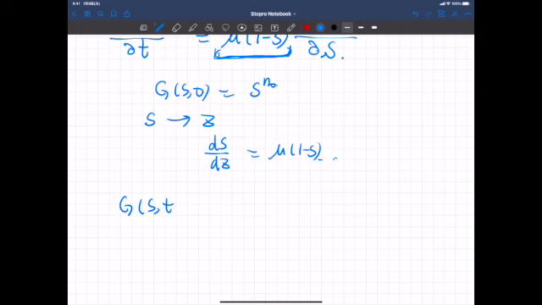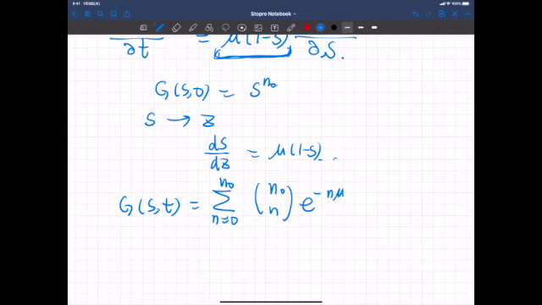G(s, t) equals, let's see, okay, this is the final result: the sum from n = 0 to n0 of n0 choose n, exponential of minus mu t to the power of n, times 1 minus exponential of minus mu t to the power of n0 minus n, times s to the power of n.